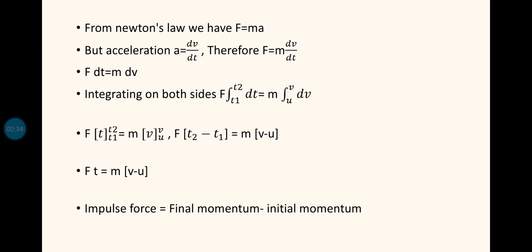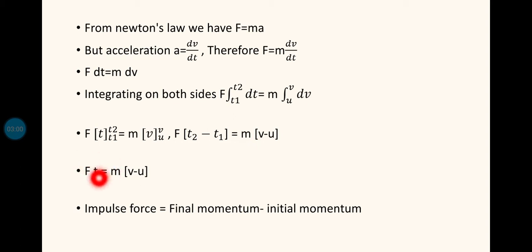Now the integral of dt is t and the integral of dv is v. Therefore the equation becomes F into [t] from t1 to t2 equals m into [v] from u to v. Substituting the limits, F into (t2 minus t1) equals m into (v minus u). Now this time interval t2 minus t1 is very small, therefore I am replacing it by a single term t. So F t equals m into (v minus u).